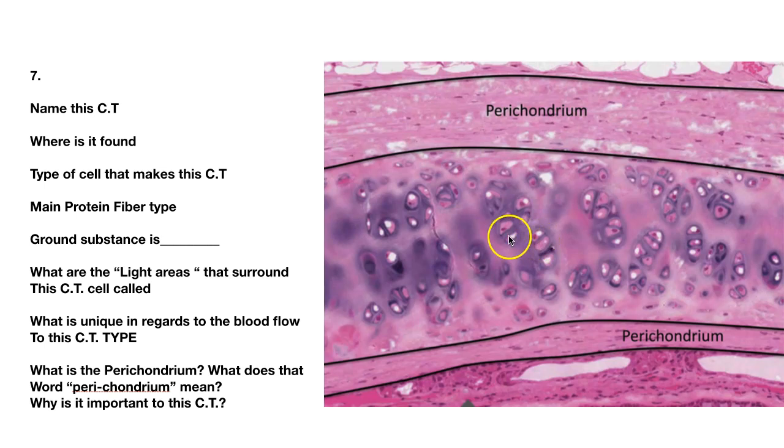So you can see the cells in here that are making this matrix here. What are these cells called? What is the main protein fiber type that these cells are making and excreting into the matrix? What is the main protein fiber that you're going to find in here?